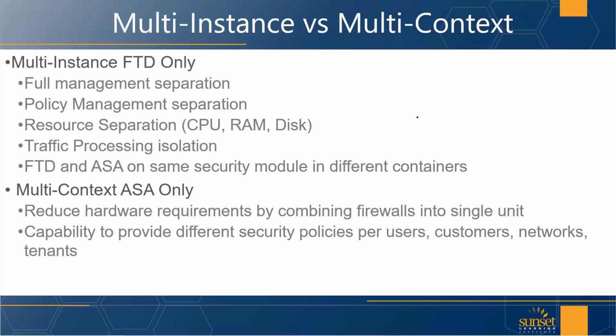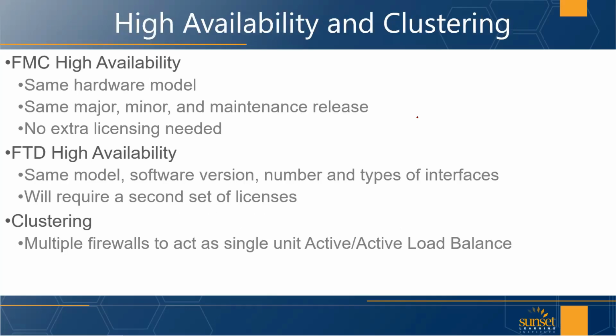Multi-context, again, for the ASA is used to reduce hardware requirements by making a bunch of firewalls into a single unit. Okay, and it will still provide security policies in that, but that's the main difference. On an FTD, high availability and clustering, or FMC also, right? So FMC, we have to have the same hardware, same release, and then no extra licensing.